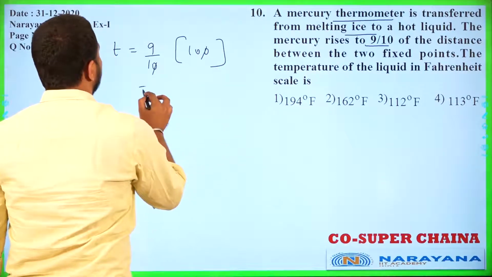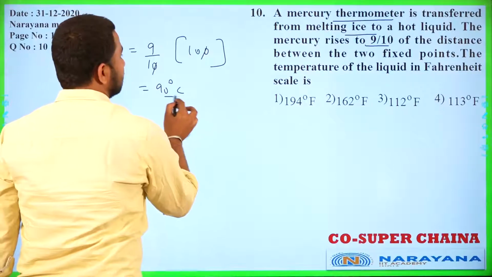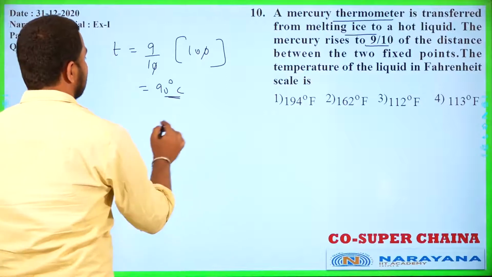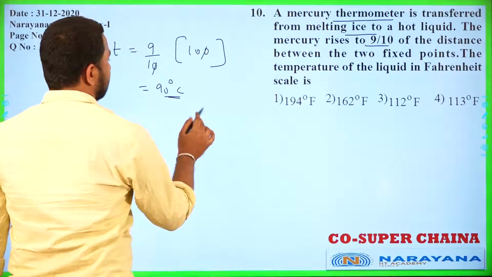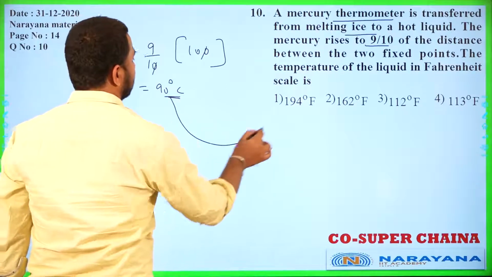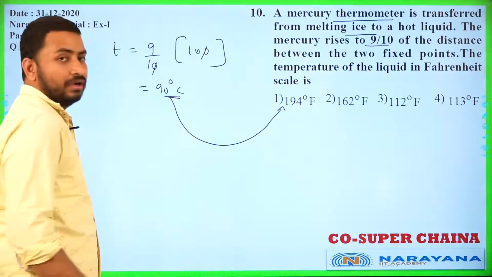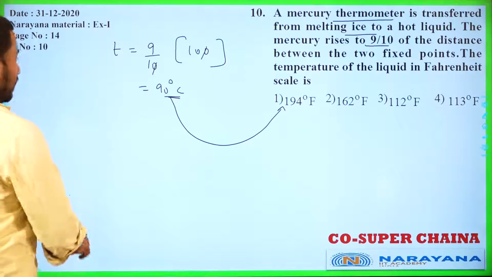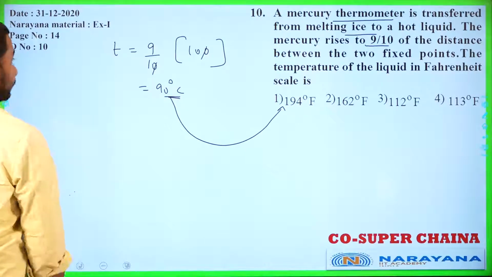So we can get the temperature will be 90 degrees Celsius. We need to convert it into Fahrenheit. So if we convert 90 degrees Celsius into Fahrenheit, it will be coming 194 degree Fahrenheit. That will be the answer of this question. Pretty simple question. Let's move to the next question.